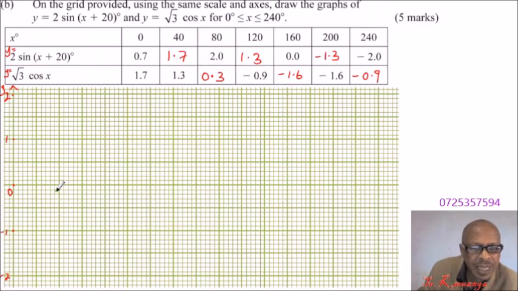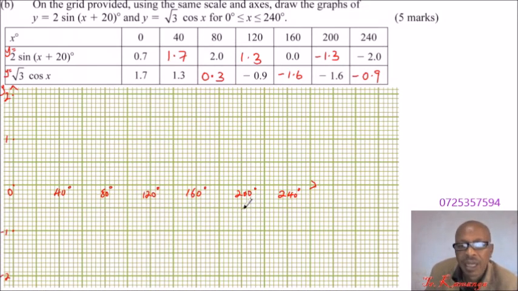For the x-axis, we use steps of 40, from 0 to 240: 40, 80, 120, 160, 200, 240. These are degrees. Always plan your scale to maximize the use of the space, and that will enable you to get correct values. So this is the value of x.